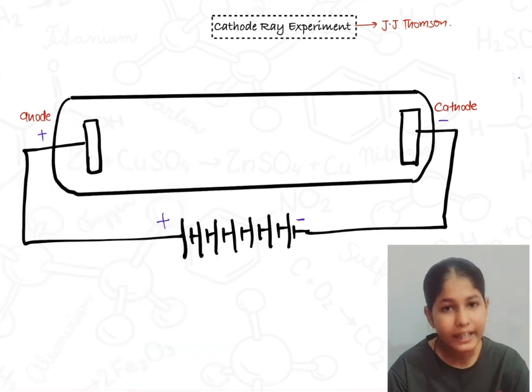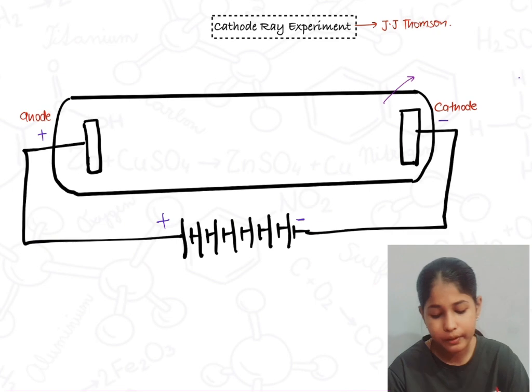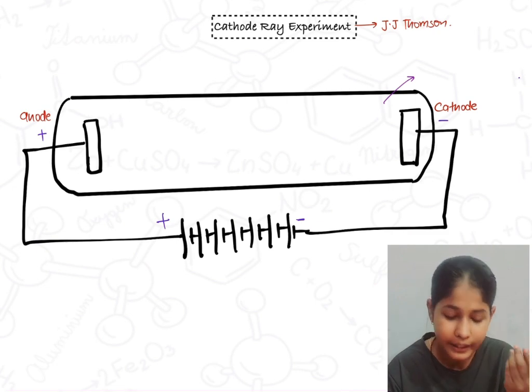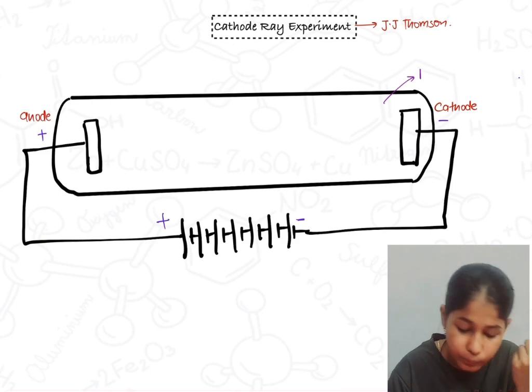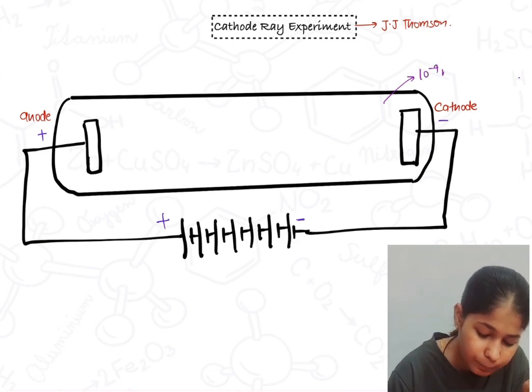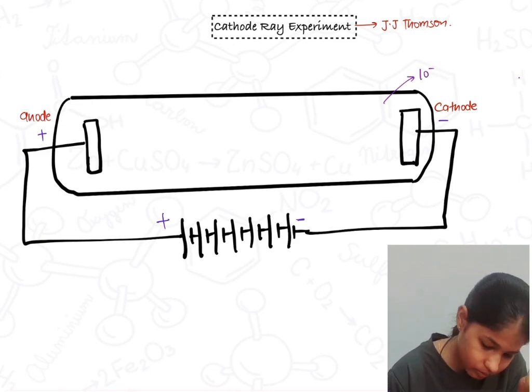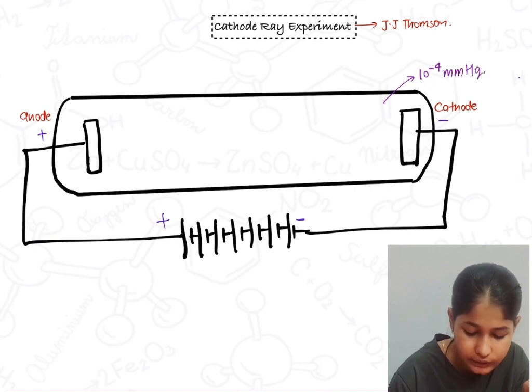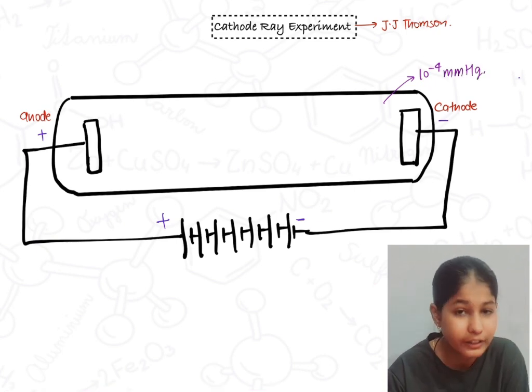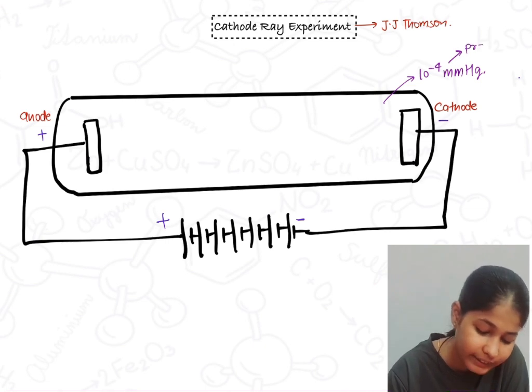Then what he did, J.J. Thomson made a very low pressure surrounding inside that hollow tube, about 10 raised to the power minus 4 mmHg. That was the magnitude of the pressure inside that tube, low pressure.